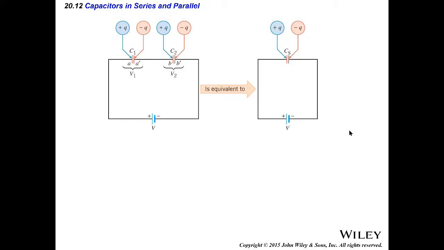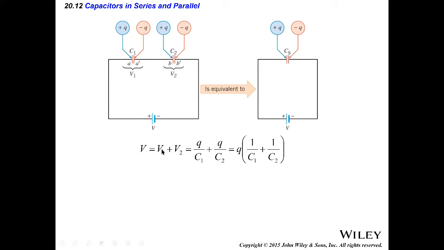Okay, all right. But now, what happens when it is in series? Now I have two capacitors, one is C1, the other one is C2, but I connect them in series. And now, what do I know? I know that there is some voltage across here, and there's a voltage across there.